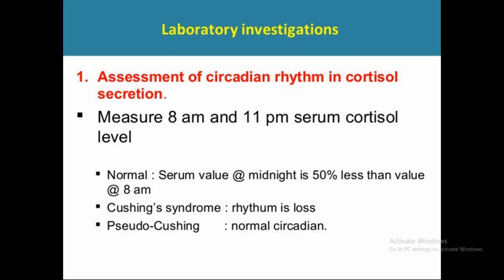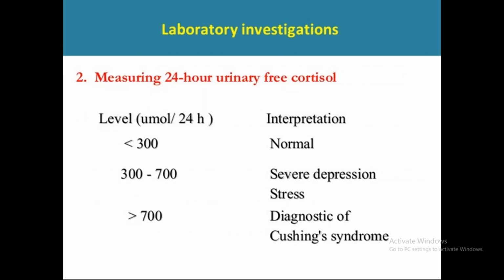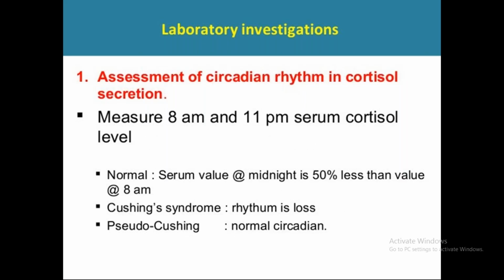This test is commonly estimated by radioimmunoassay, RIA. Here the normal level is high between 8 a.m. and 12 noon, and the serum value at midnight is 50% less than the value at 8 a.m.